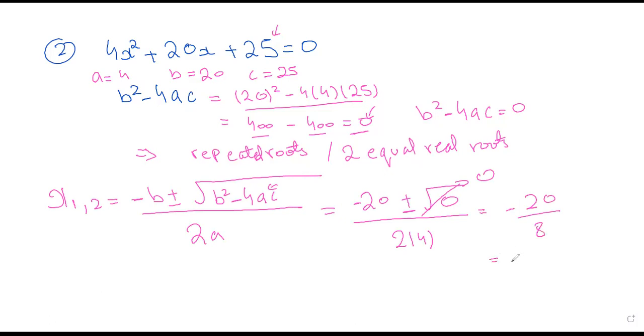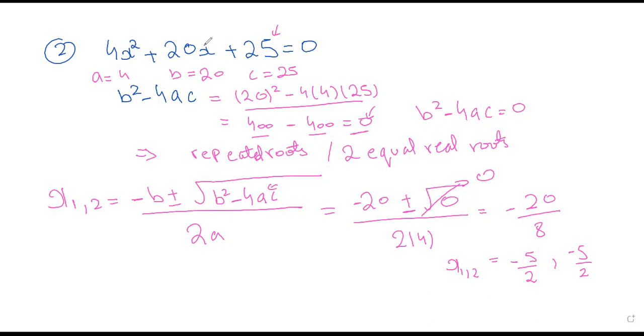So that is minus 5 by 2, right? I'm getting minus 5 by 2. So x1 and x2 are repeated roots. Yes, very good. Okay. So is this thing clear? And what about you, Gayatri? I got it. All right, okay.